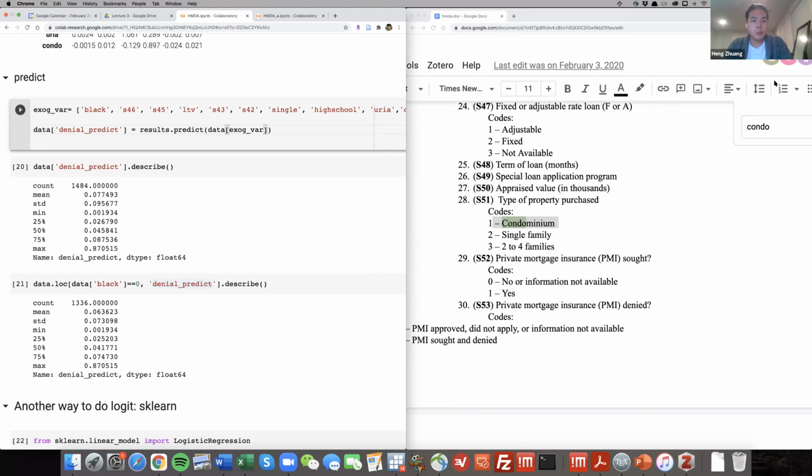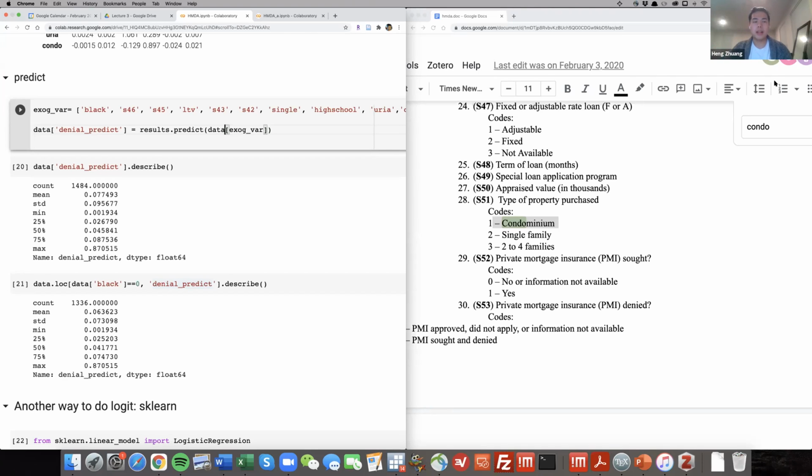Well, then you can decide the threshold, right? If the threshold is very low, then everyone gets accepted. If it's very high, then everyone gets rejected. You can choose whatever acceptance rate you want.